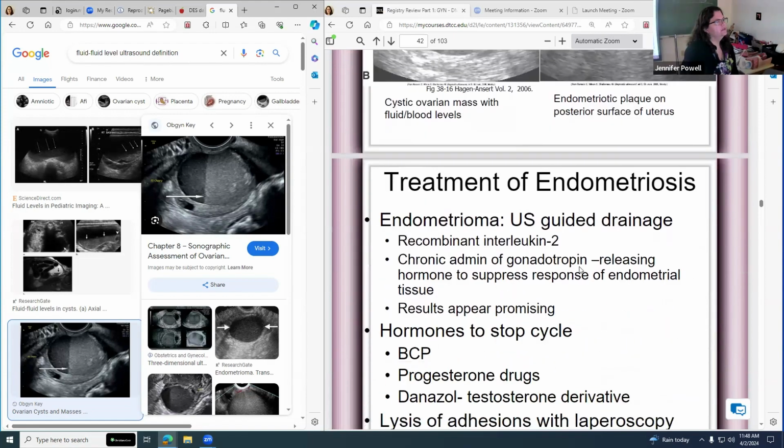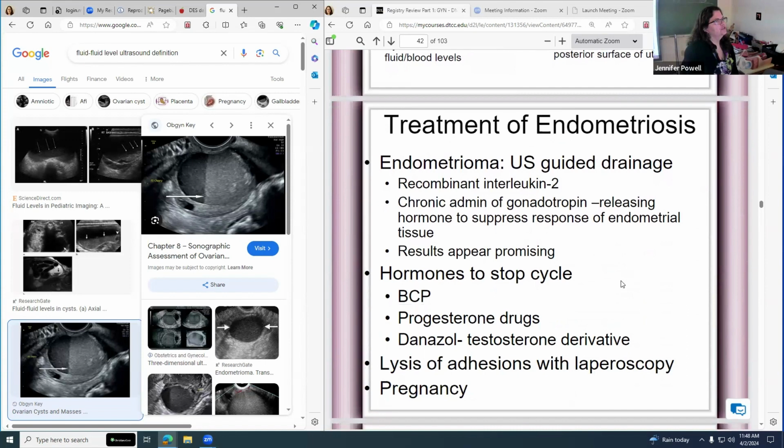So treatment: ultrasound guided drainage, recombinant interleukin-2, I suppose that's a medication, chronic administration of gonadotropin releasing hormone to suppress response of endometrial tissue.